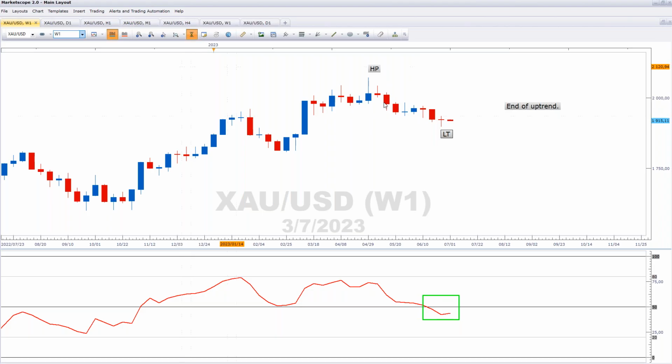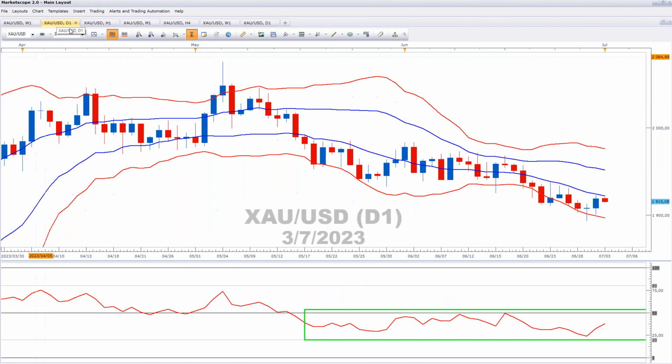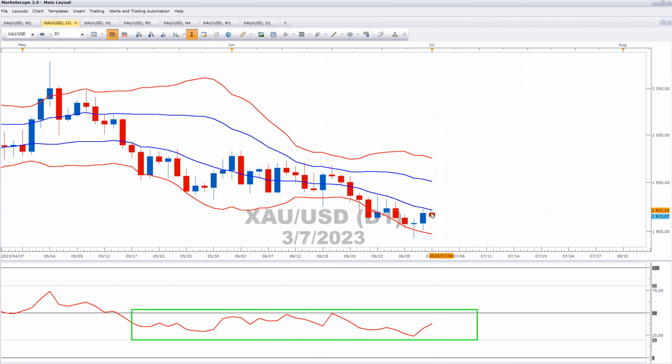What's interesting though with gold is that it does have a slight weight on it, and what I mean is it's in zone 3. Whilst we've seen dollar, euro, cable all drifting sideways, gold perhaps has more pressure on it to the downside.